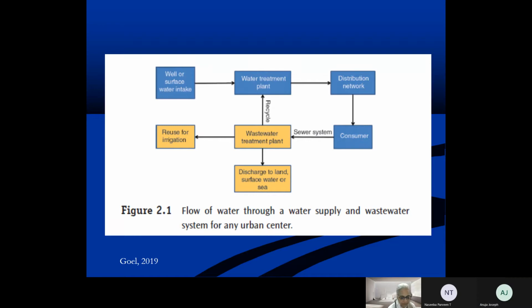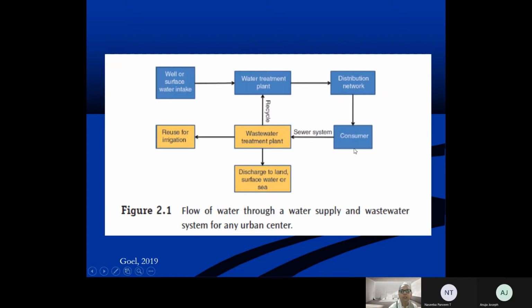Let's get started with the second part of this topic, and that is wastewater treatment. When I started talking about water treatment, I showed you a schematic: you have a well or surface water intake. From there, the water goes to a water treatment plant, and from the water treatment plant, it goes to a distribution network.